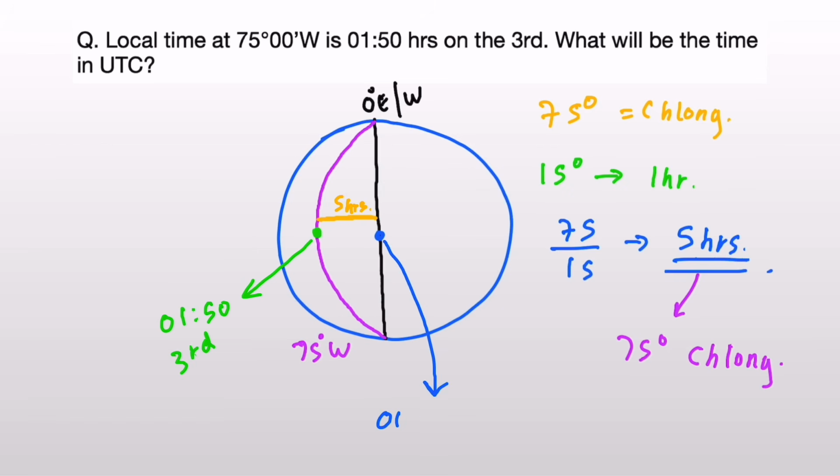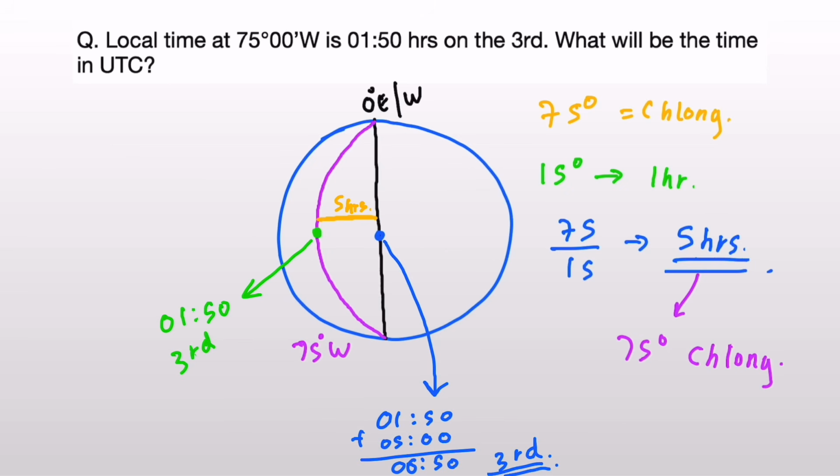It will be 1:50 plus 5 hours, that is 6:50. And since the date did not change, it's just a matter of 5 hours being added to 1:50, so the date remains the same. So the answer would be 6:50 on the 3rd. This will be the time in UTC.